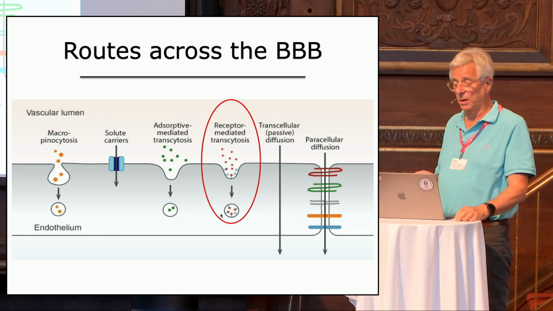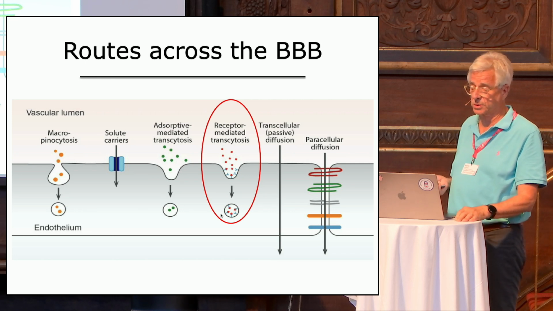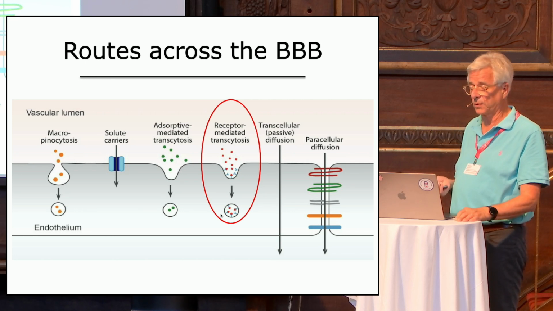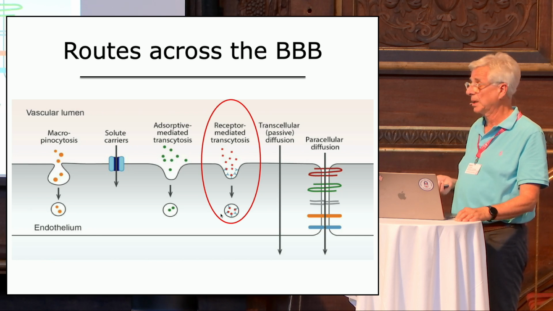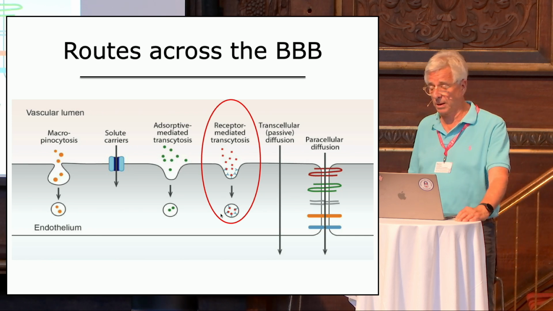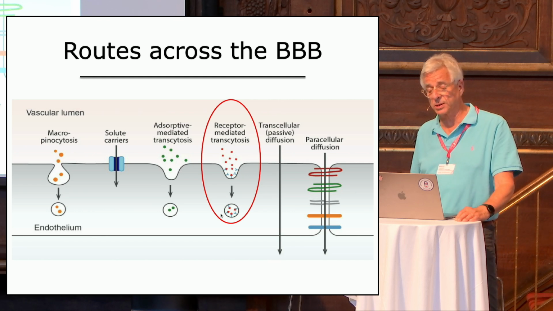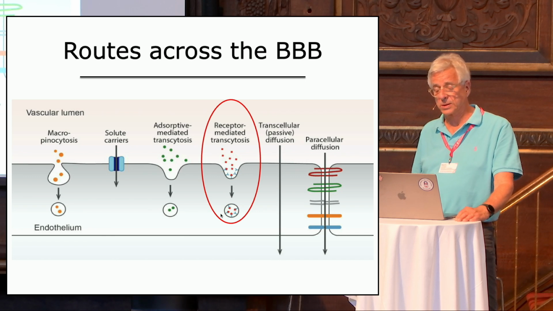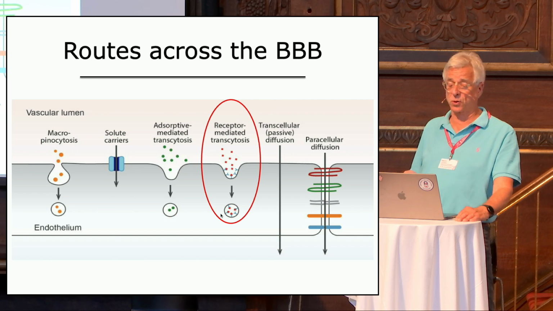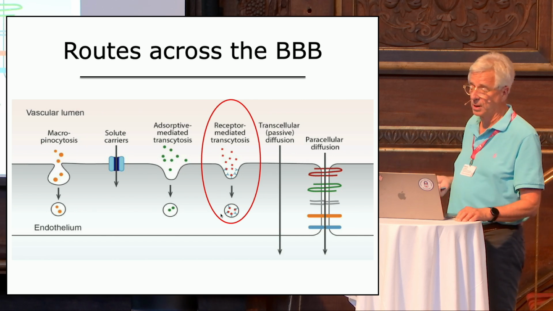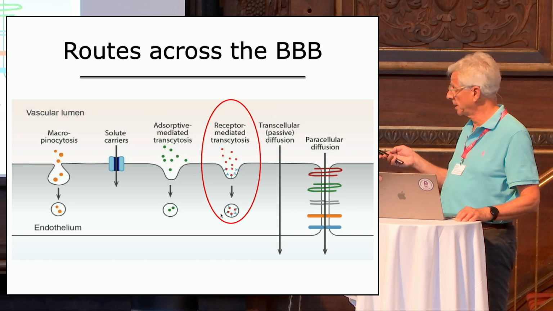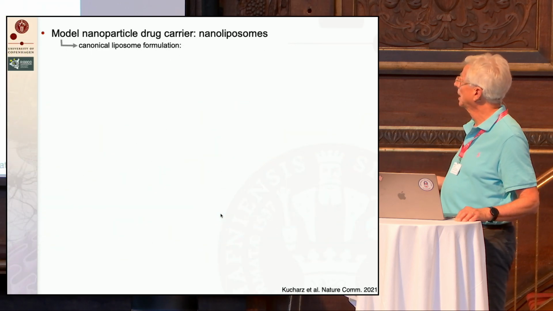Mostly, we use transferrin receptors as the receptor that we link our substances to, because it's highly enriched and expressed on the surface of brain endothelial cells, and it's the benchmark: if you want to get anything into the brain, you have to compare it to receptor-mediated transcytosis mediated by transferrin receptors.